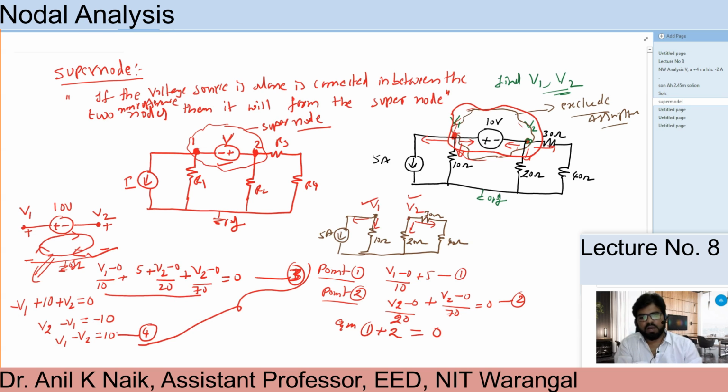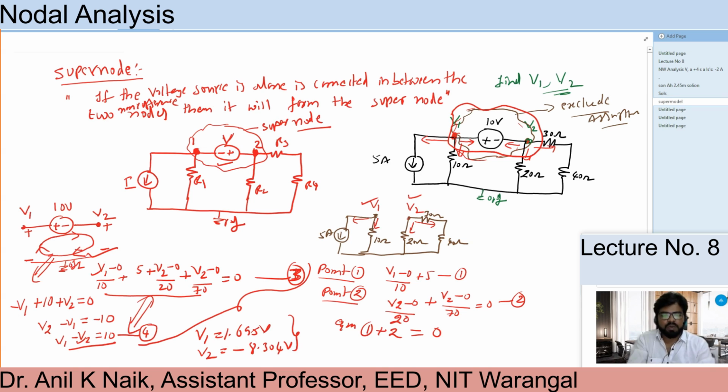Solve these two equations, then you are going to get V1 is equal to 1.695 volts and V2 is equal to minus 8.304 volts.